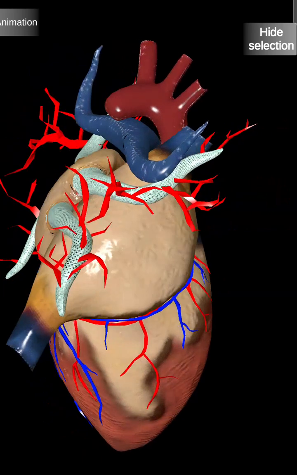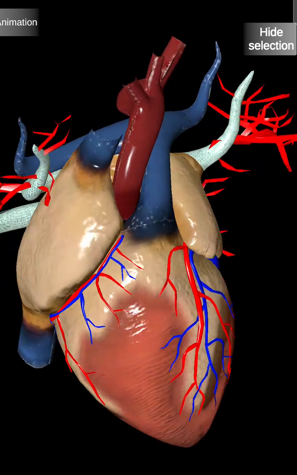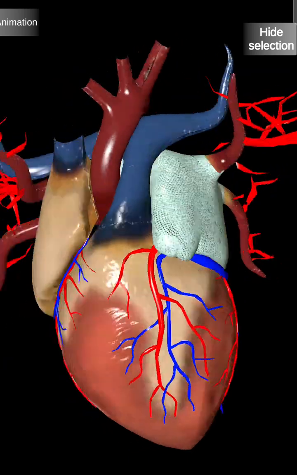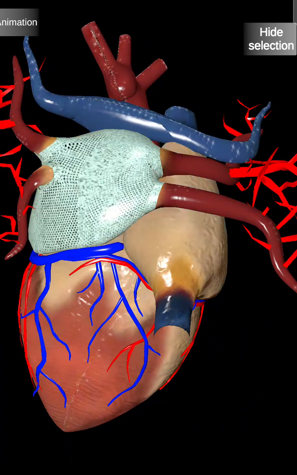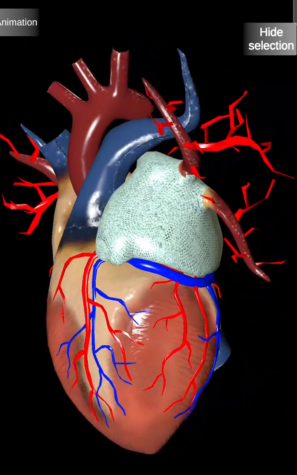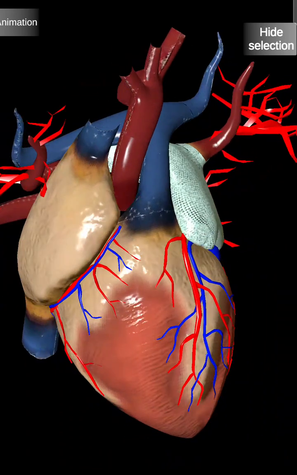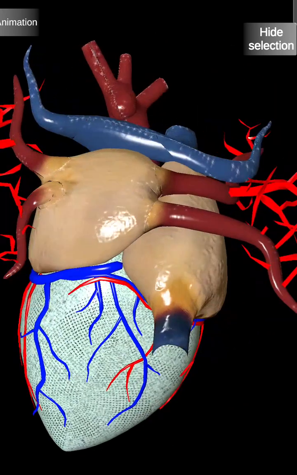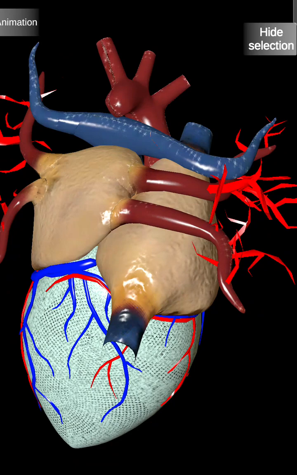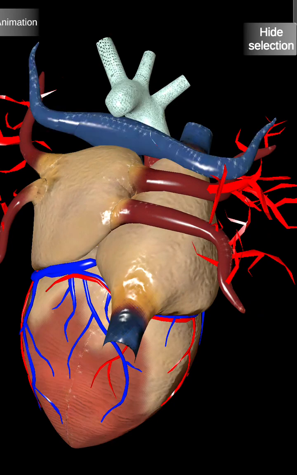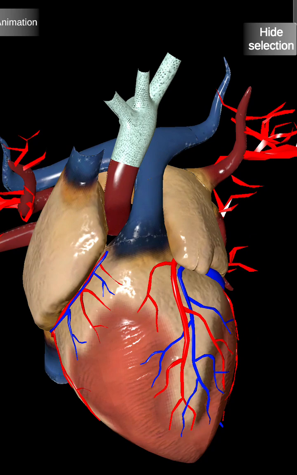So blood goes to the lungs so that it is oxygenated. Real diffusion or exchange of gases happens in the lungs, so deoxygenated blood goes to the lungs so that it can be oxygenated.